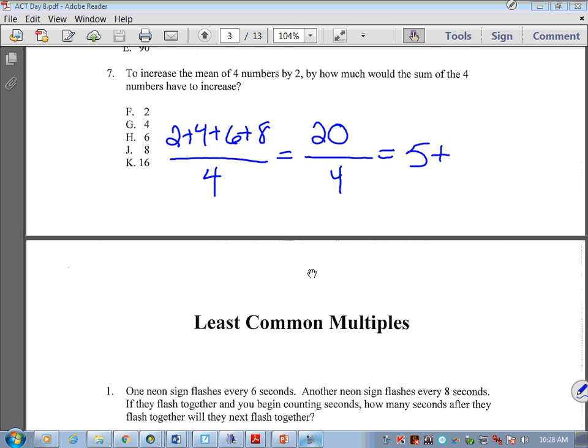I need to add 2. So I want my average to be 7, correct? So I need a number over 4 that's going to equal 7.